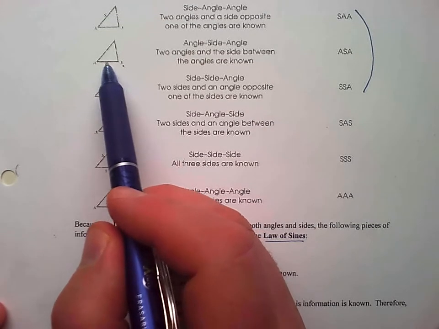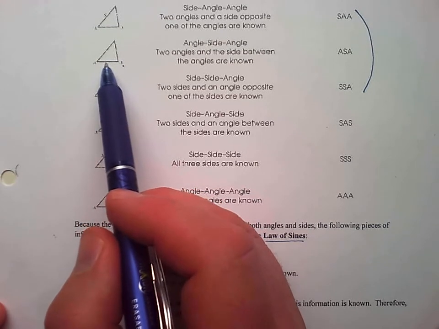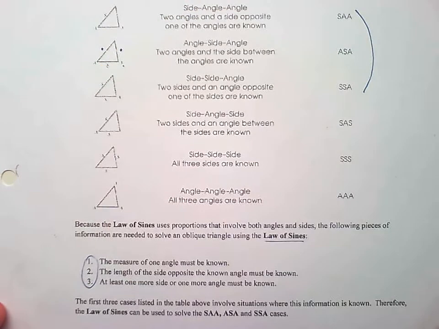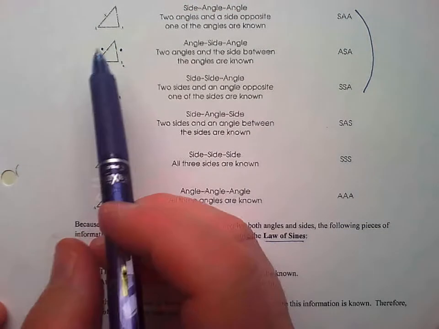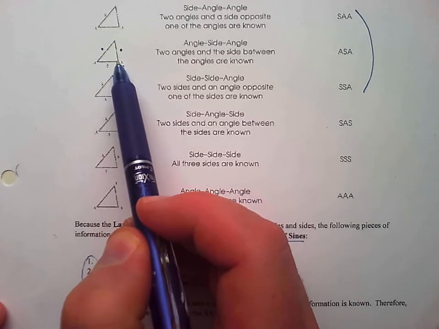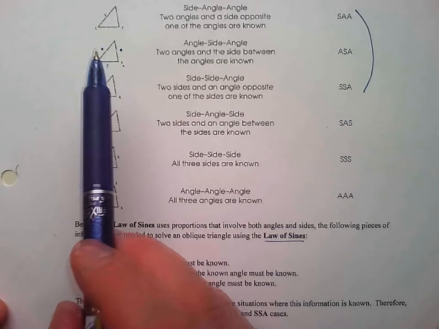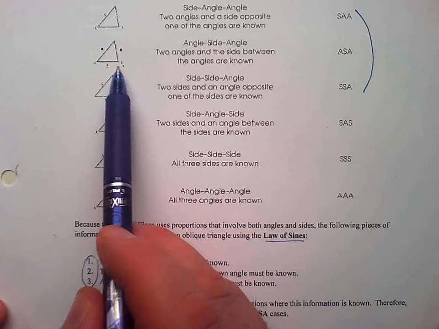Here, this side is in between these two angles, but we want to have a side opposite the two angles known. We don't know the length of this side, and we also don't know the length of this side. So it might first appear that we do not know the length of a side opposite one of our known angles.